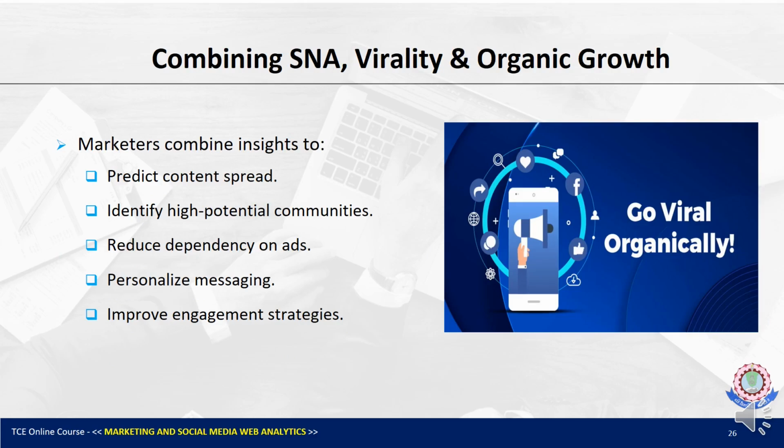Combination of SNA, virality and organic growth. Marketers combine network intelligence to predict trends, identify high value communities, personalize content, reduce ad spend, and improve engagement strategies. This integrated approach amplifies impact.